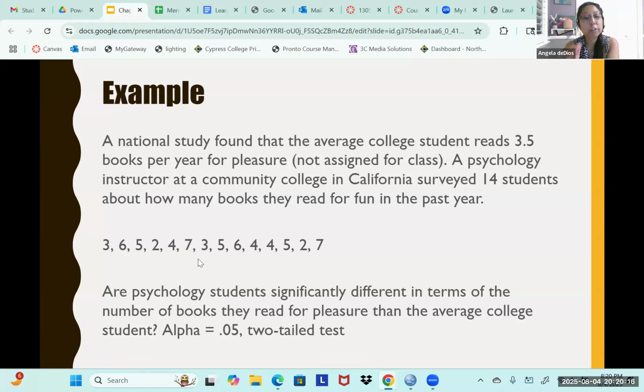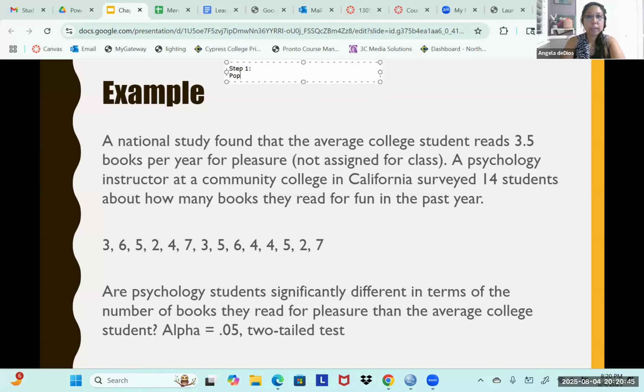This person said, I read 7 books. So the question is, are psychology students significantly different in terms of the number of books they read for pleasure than the average college student? We're going to use a two-tailed test with an alpha of 0.05. So first thing that we do in a hypothesis test, in our step 1, is we go ahead and make sure that we talk about the populations.